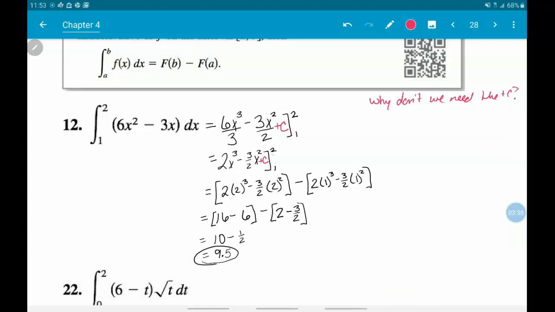So then down here, when we plug the 2 in, we would have had the 2 cubed here, the 2 squared here, and then a plus c. And then when we substituted the 1 in, we would have had the 2 times 1 cubed minus 3/2 times 1 squared plus c.